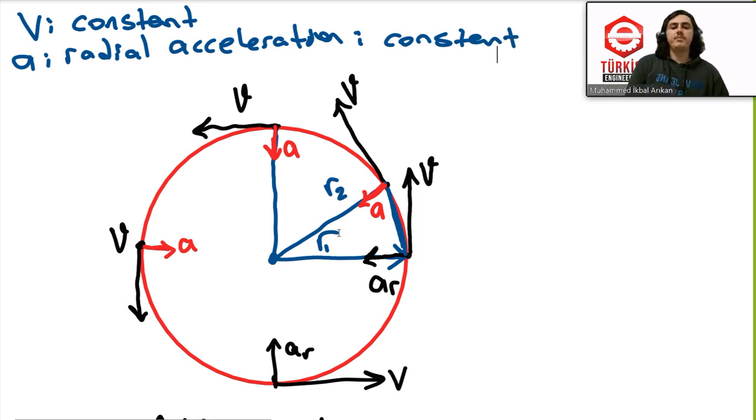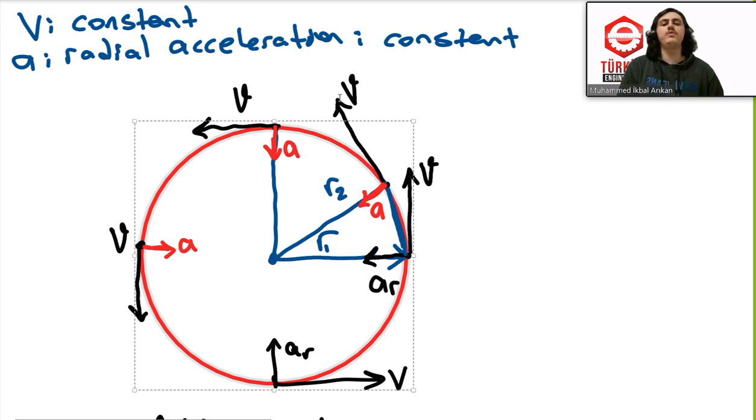Because we are talking about uniform circular motion, the radial acceleration will always be constant, and the speed will always be constant. As you see, we are talking about circles, so the distance from the center of the circle to this path will always be constant because it's the radius.